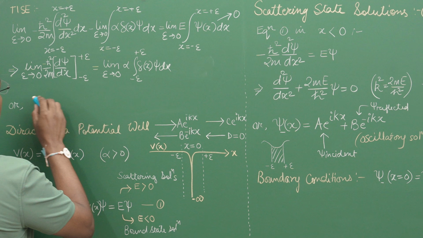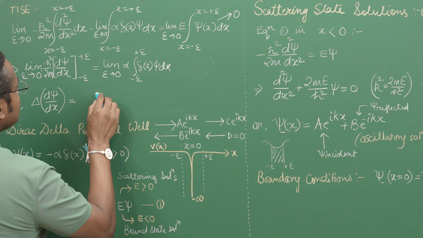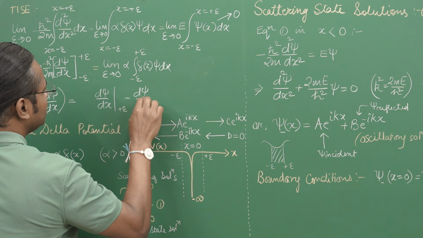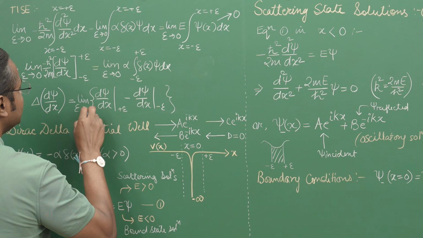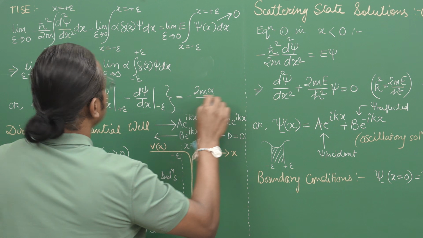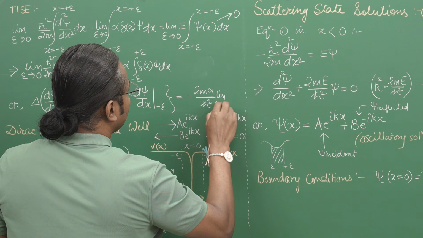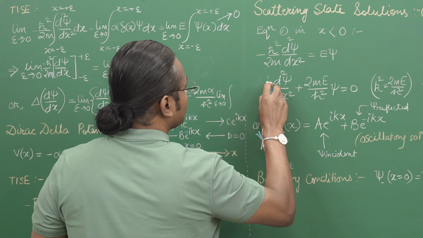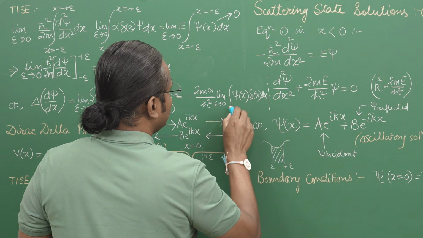So this essentially becomes, let me write the left hand side as del d psi upon dx, which is nothing but d psi upon dx at plus epsilon minus d psi upon dx at minus epsilon, and this is of course under the limit of epsilon tending to 0, which is basically equal to minus 2m alpha upon h cross square, and of course you have the limit again, epsilon tending to 0, integration of psi x del x dx, right? Again from minus epsilon to plus epsilon.